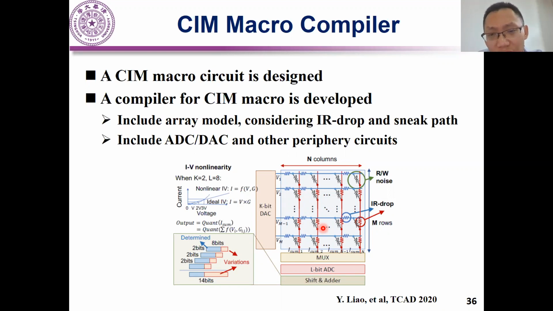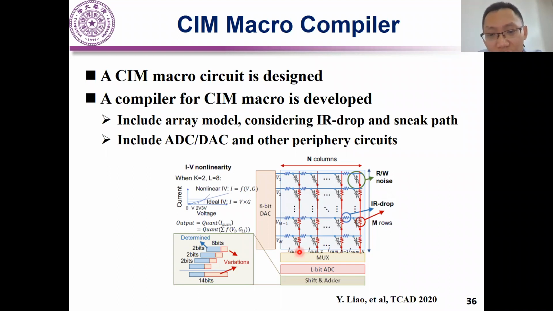But if the whole system uses analog computing, we still don't know how to solve the error accumulation issue, because if the data is transferred from one array to another in a pure analog domain, we will find more error sources, and in a multi-layer network the error cannot be accepted if it is very large.